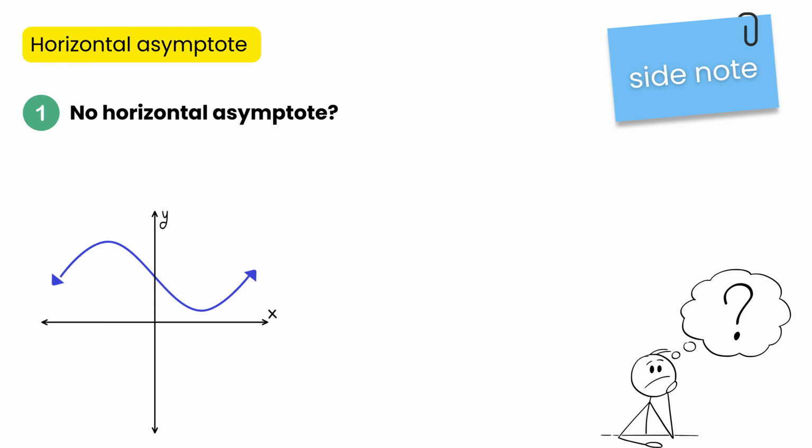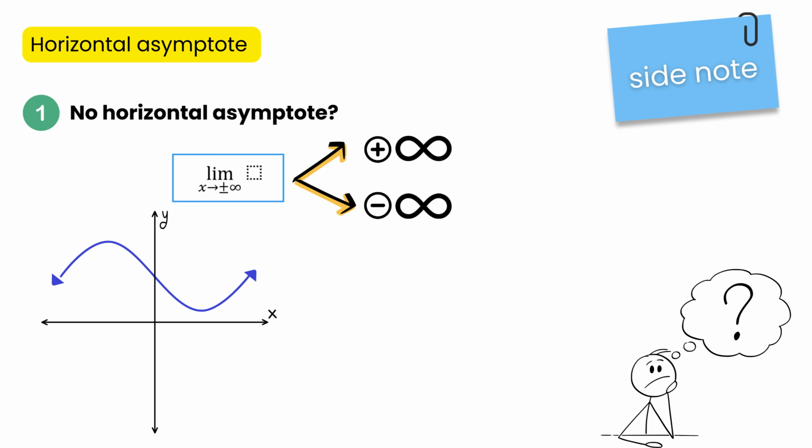A function will not have a horizontal asymptote when, as we take the limit to infinity, the answer is positive infinity or negative infinity. Positive infinity means the function keeps going up forever, so its y values keep increasing without bound, and there is no specific y value it approaches. It is the same with negative infinity.